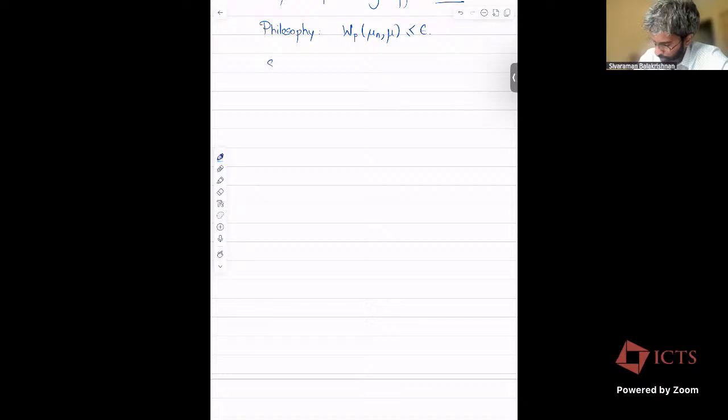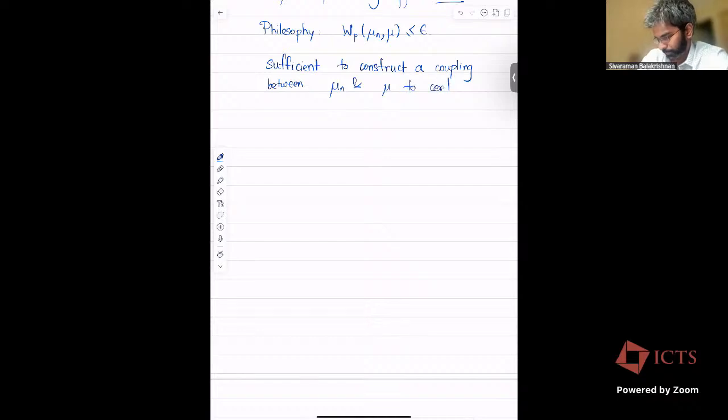So it is sufficient to construct an explicit coupling between these two measures to certify an upper bound. So we'll construct a coupling and try to say what its cost is. Okay.